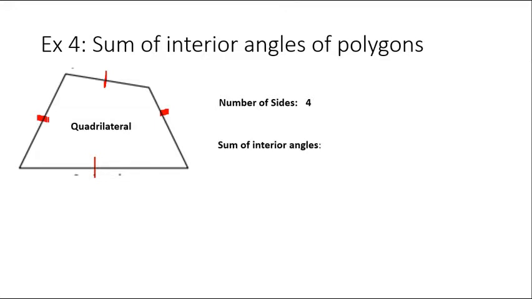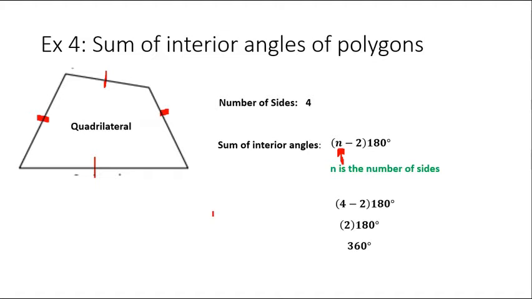Then we use the formula, sum of the interior angles is n minus 2 times 180. Remember, n is the number of sides, so we're going to put in a 4. So we have 4 minus 2 times 180. 4 minus 2 is 2, and 2 times 180 is 360.